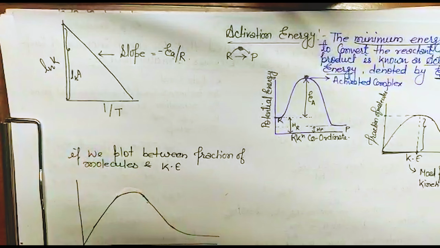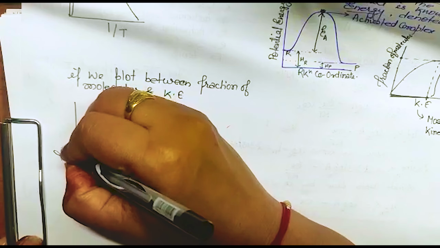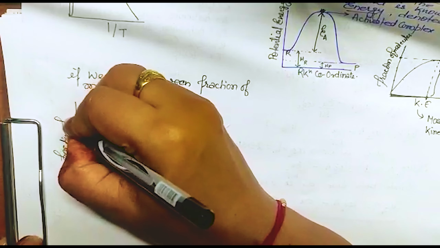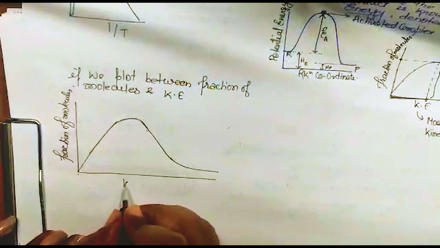So if we plot a graph between fraction of molecules and kinetic energy, we get a graph like this. This is the fraction of molecules, and here we will put the kinetic energy.